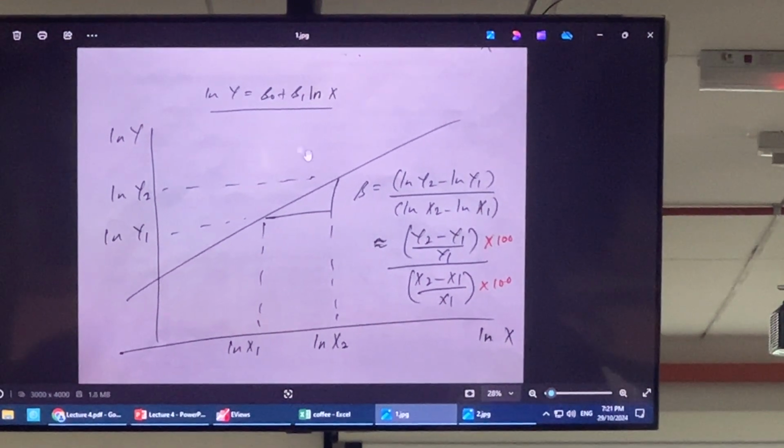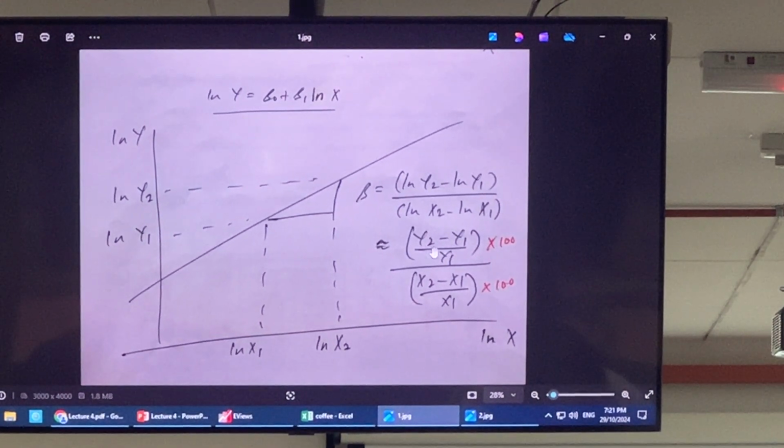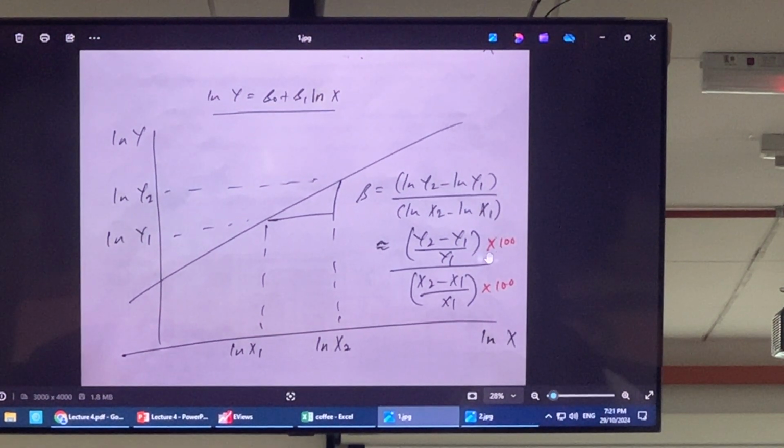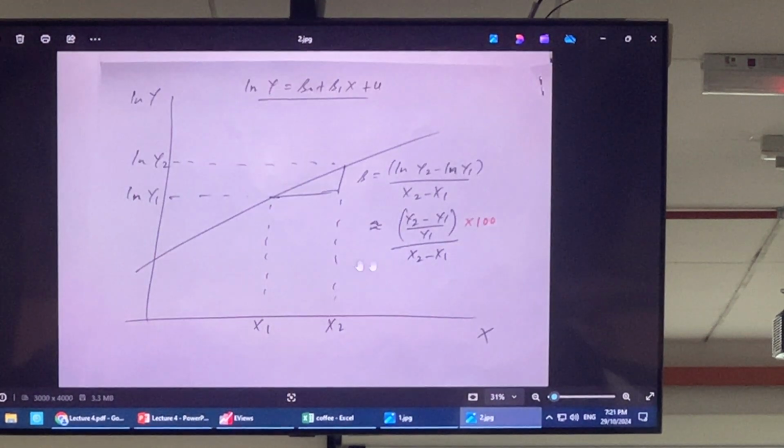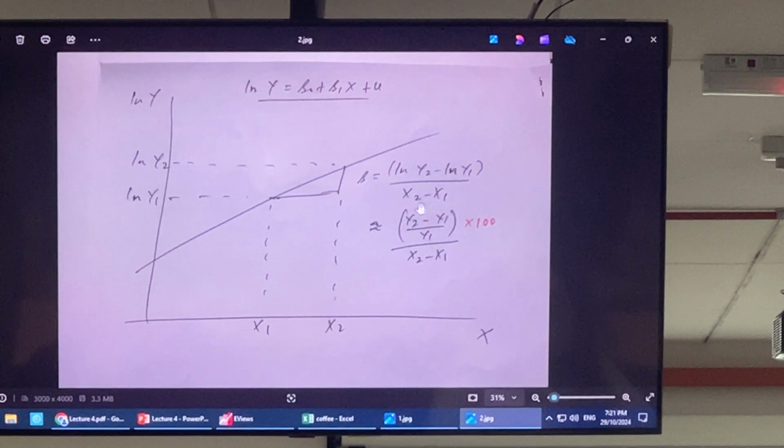So this one, your y dependent variable is to be interpreted as percent. Meaning that when x increases one unit, this one is not linear, this one is double log. This one is log linear. So you see that when x increases one unit, then y increases or decreases by how many percent?